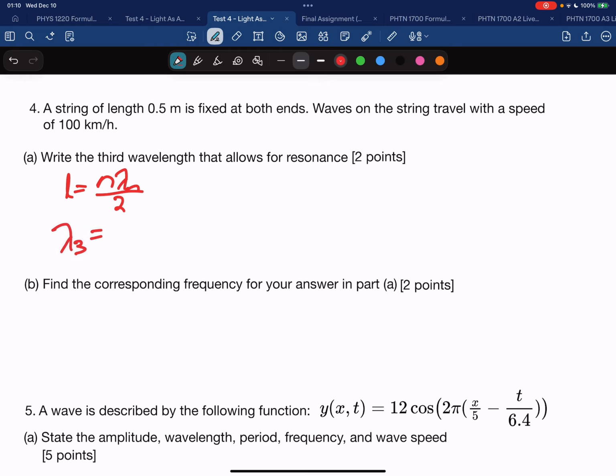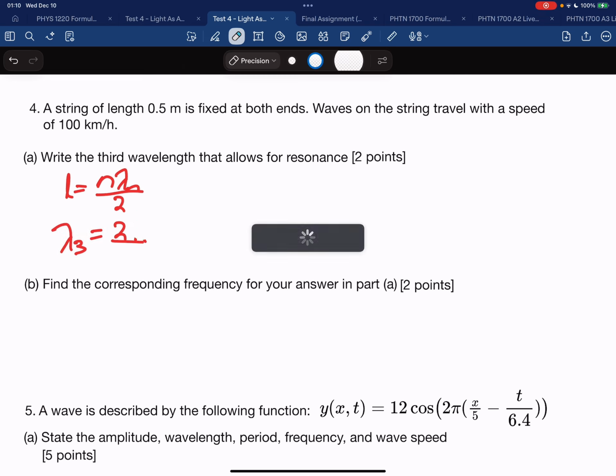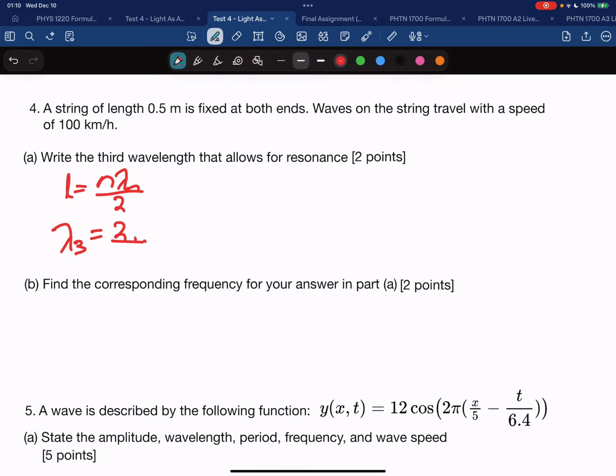Rearranging, I'm going to multiply everything by 2, so I get 2L in the numerator. So 2L in the numerator, and we end up dividing by n, which we have replaced with 3.